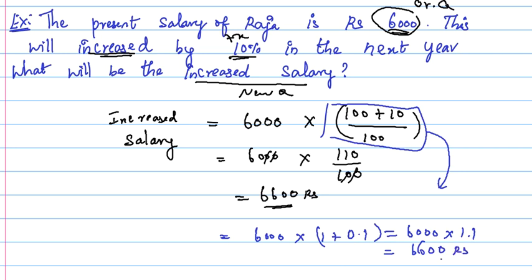So this is the final value. Instead of 1 plus 10 divided by 100, you can substitute 1 plus the decimal value of x. Here I have applied it like this. You can substitute.